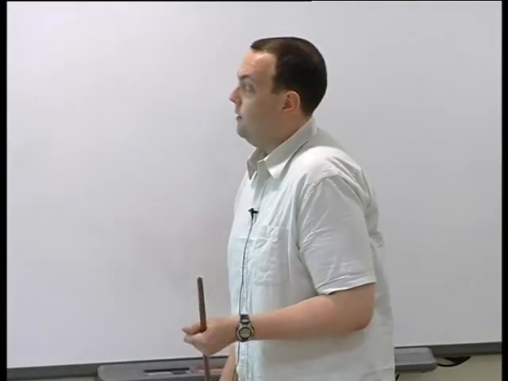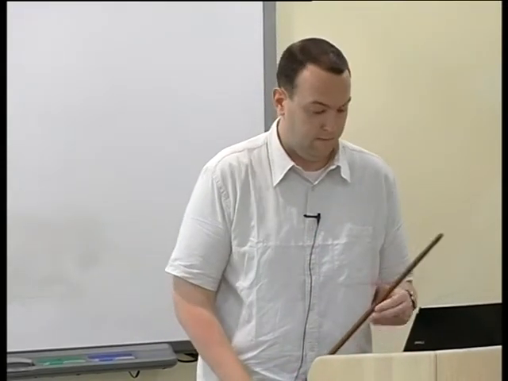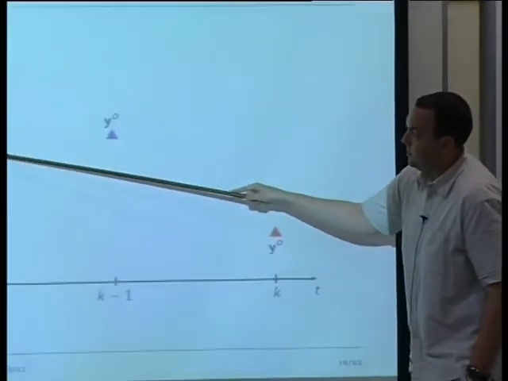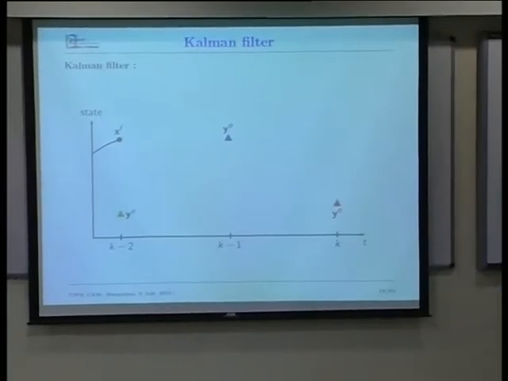Okay, so let's see the link between optimal nudging and Kalman filter. The Kalman filter is the well-known extension of the optimal interpolation, or BLUE, to dynamical systems. So mainly you repeat prediction and correction steps. You assume that you have some forecast, some estimation of your state at this time step, and you have some observation here.